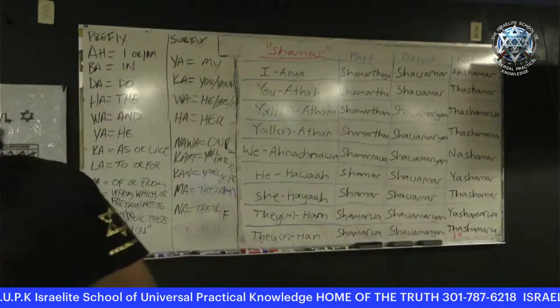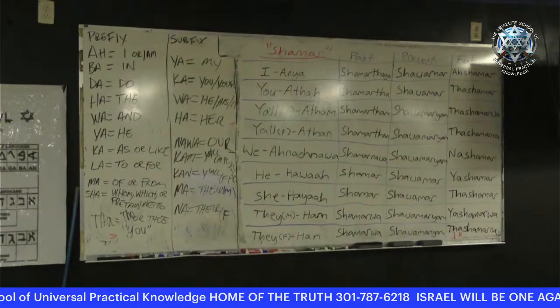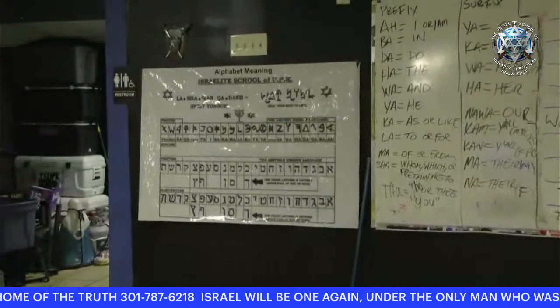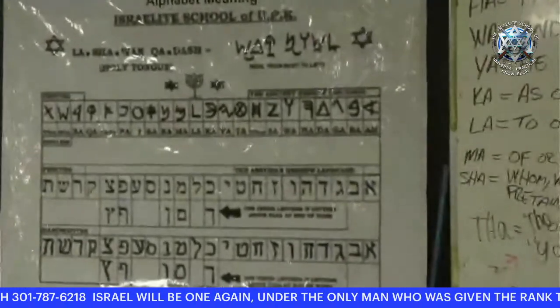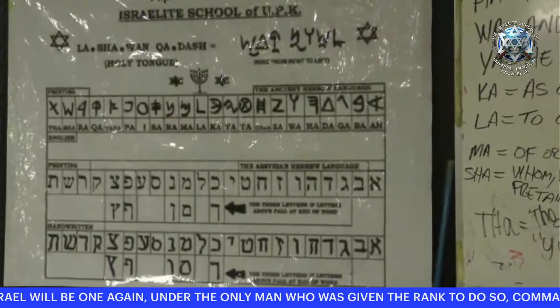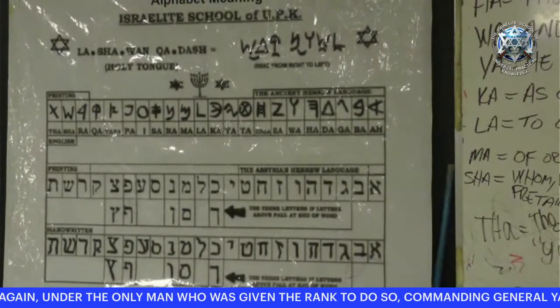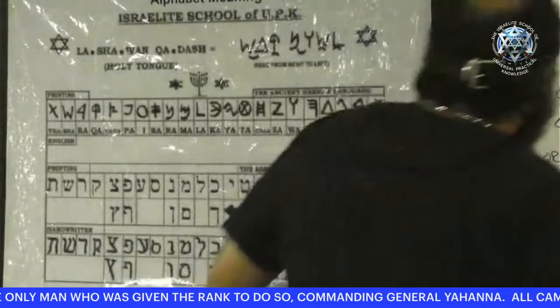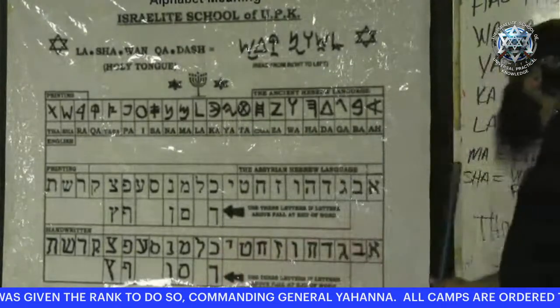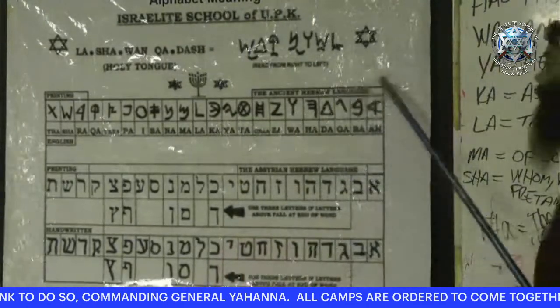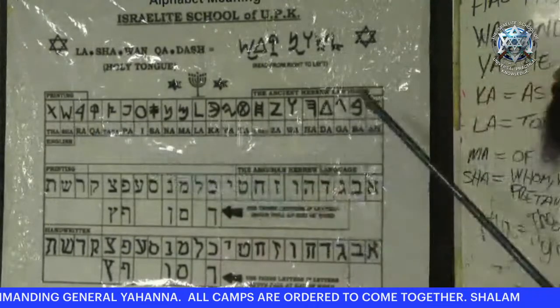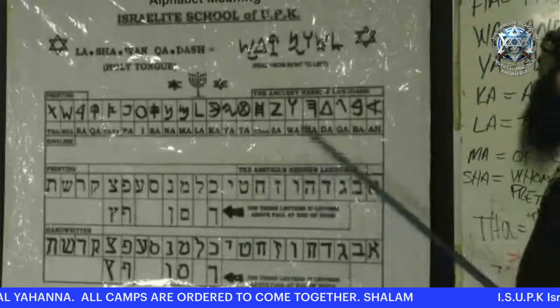I'm going to start today's class off the same way I start off every class, by going over the Hebrew alphabet. These characters right here, A through Ta, these 22 characters make up the Hebrew alphabet.